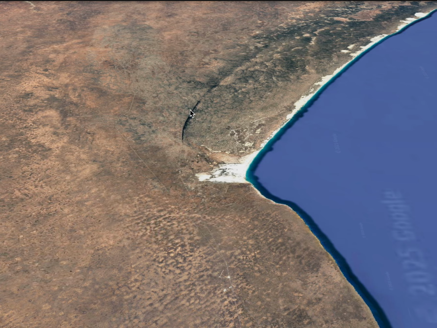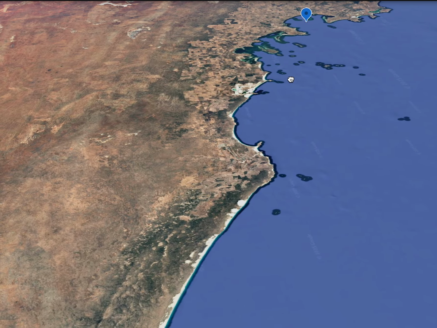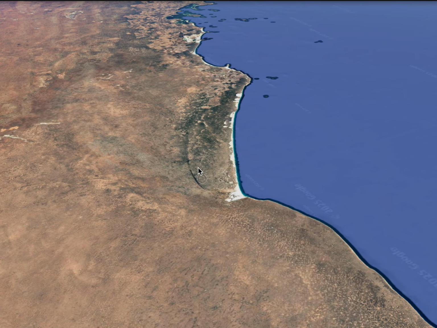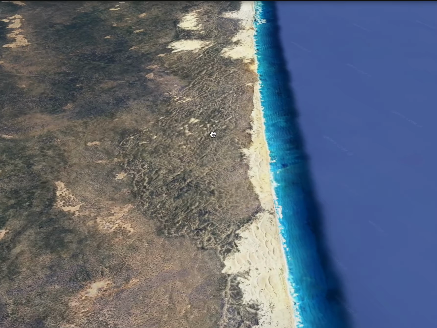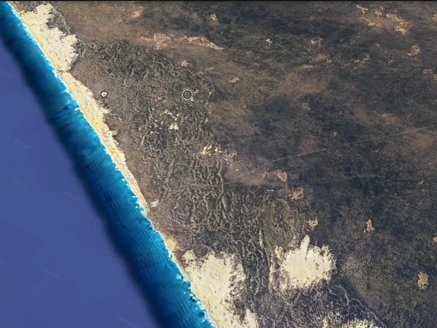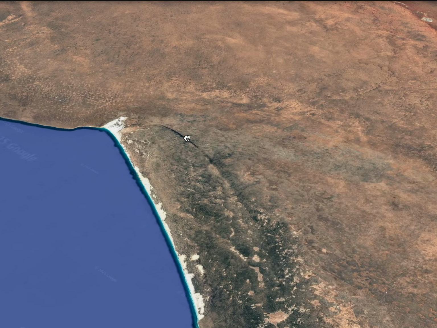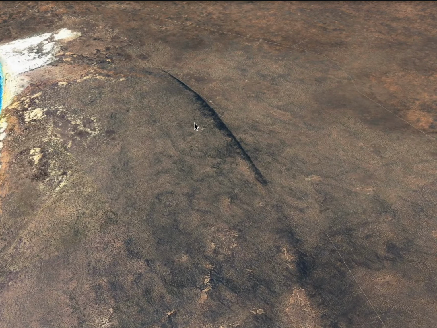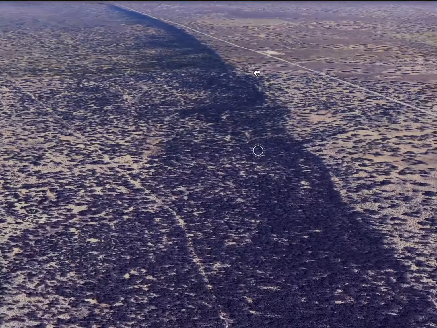Here we see the marine cliff begin again. But now look at these sediment lobes. They're pointing this way. Very confusing stuff. It is a cliff though.